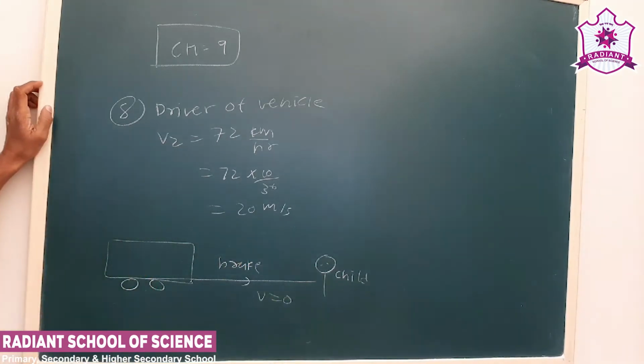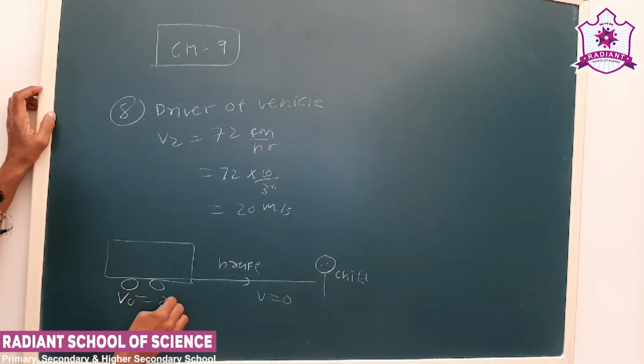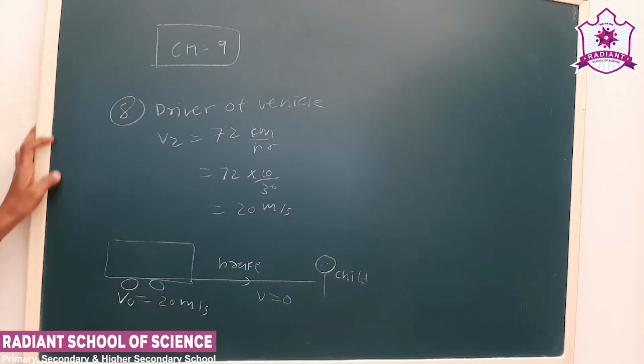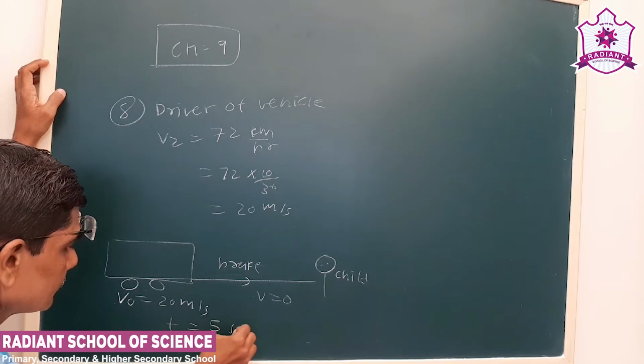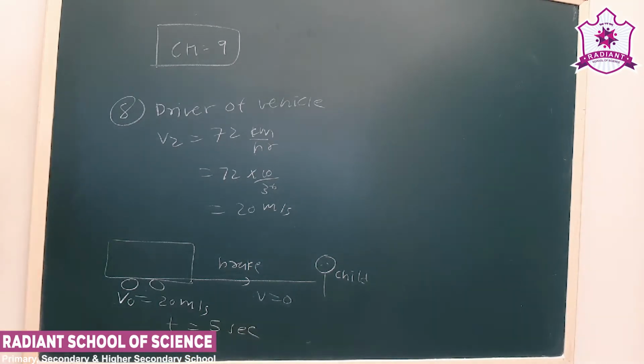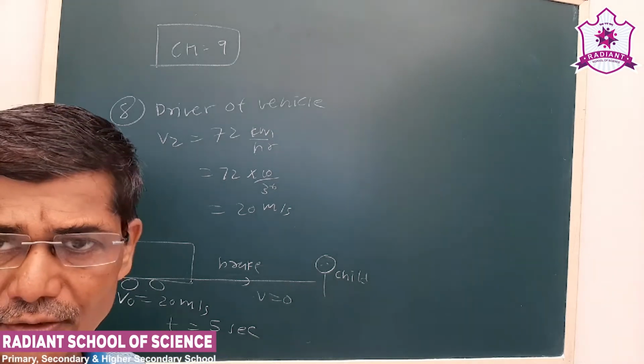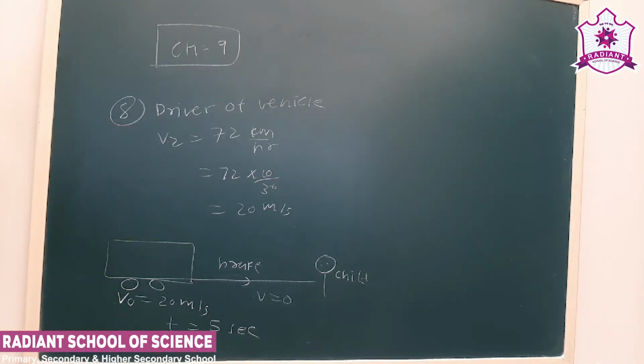Final velocity is 0, v0 is 20. Now see, the vehicle is stopped in 5 seconds. What is the force acting on the vehicle? Also we have to calculate the distance covered.